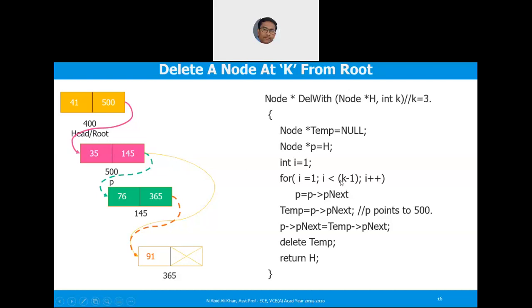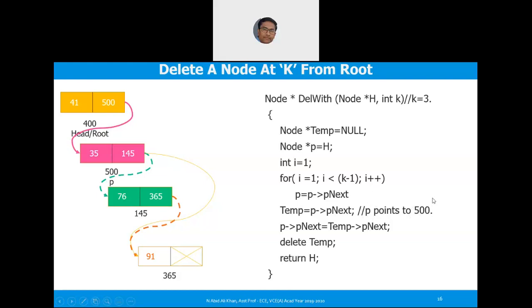Then while i is less than K minus 1, that means up to 2. So when i is 1, P is pointing to 400. When i is 2, P is pointing to 500. There itself you have to stop because you have to delete this 145. Okay, so P points to 500.